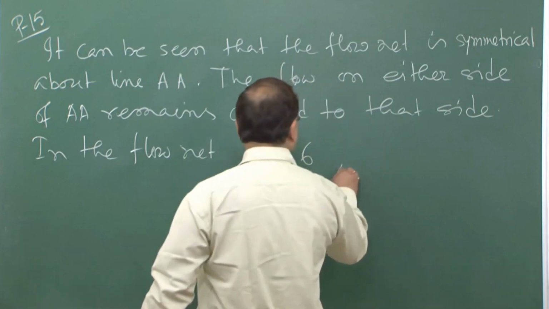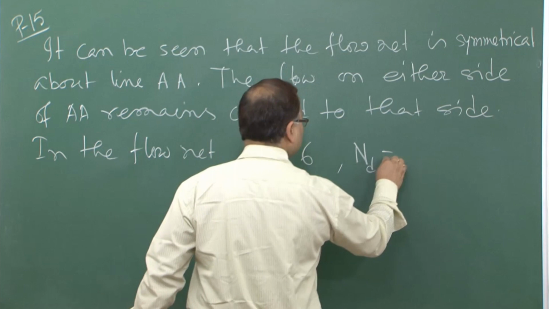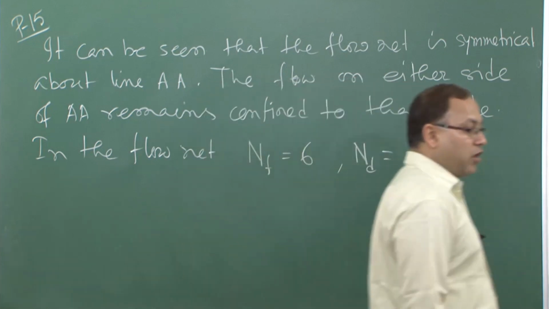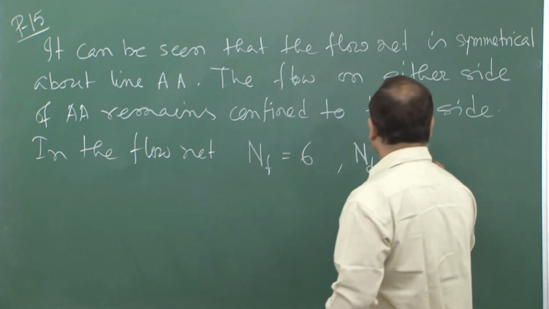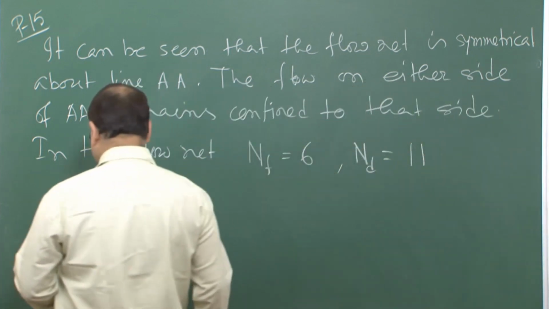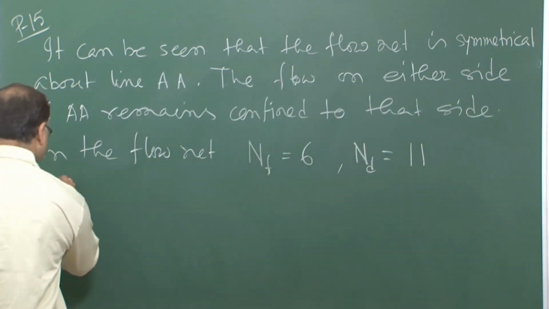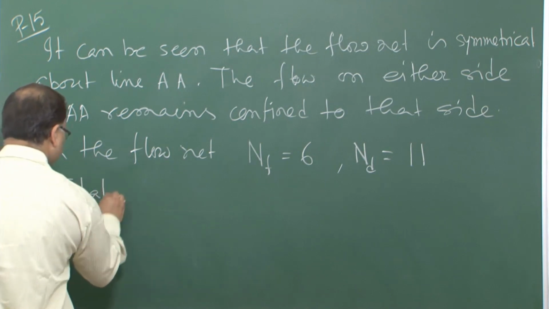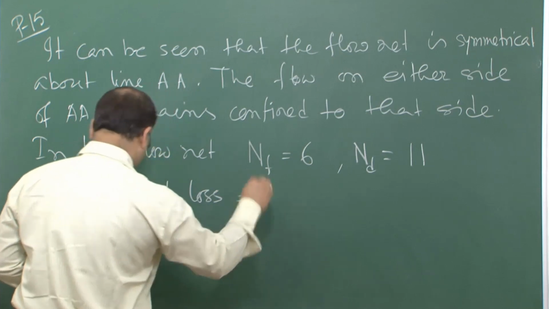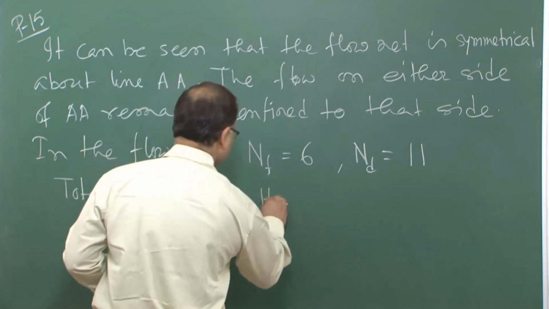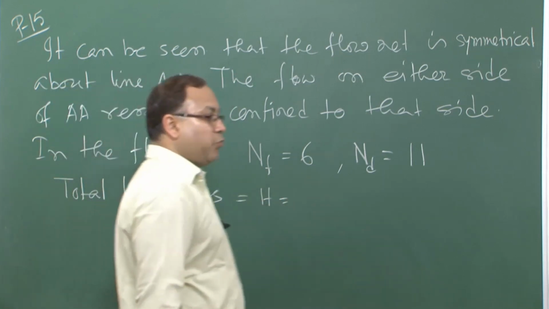And number of potential drops ND will be 11 if you see. So, total number of potential drops is 11. So, total head loss H is equal to how much? 3.3 meter.